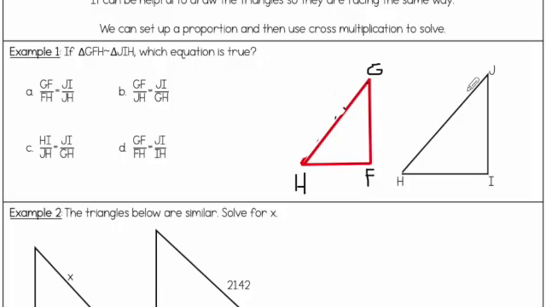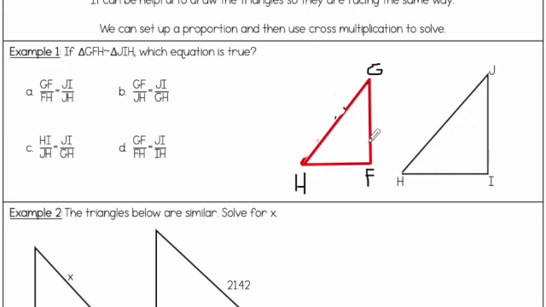GF is to FH as JI is to JH. Nope. Right? GF is to FH as JI is to IH would be it.